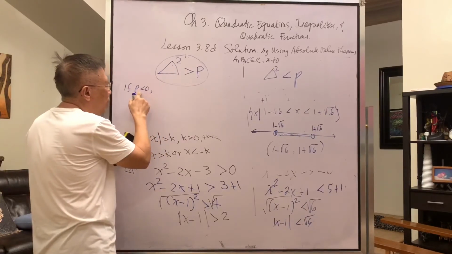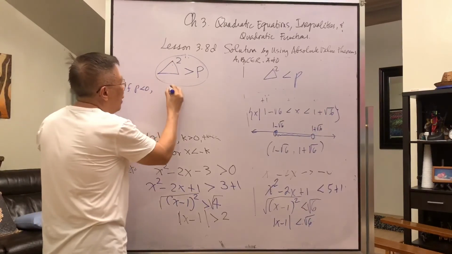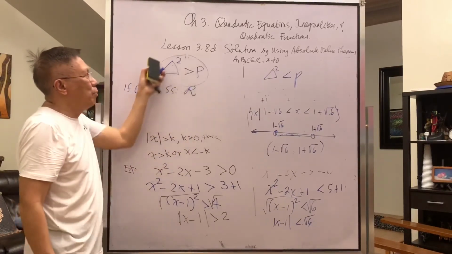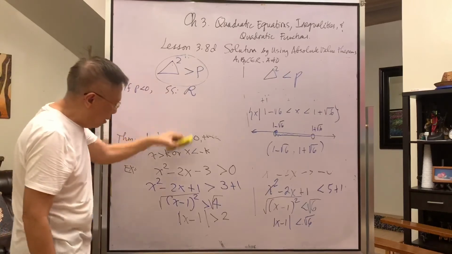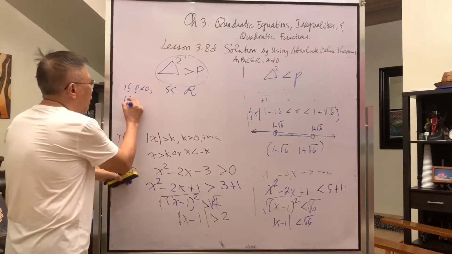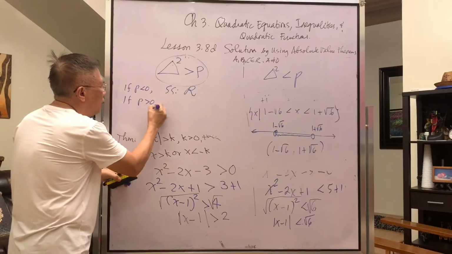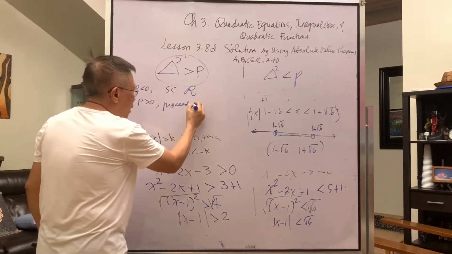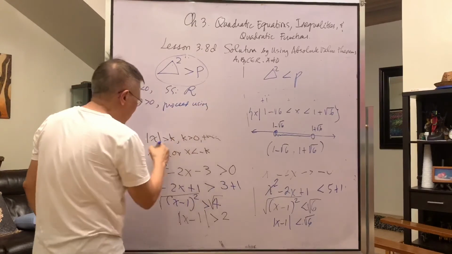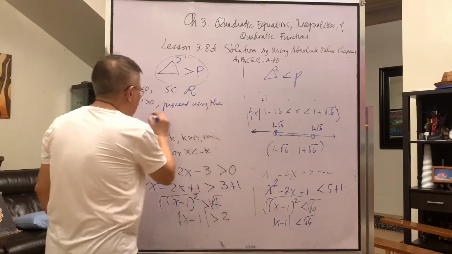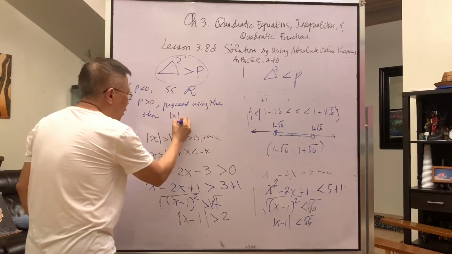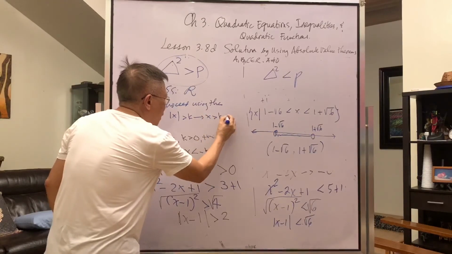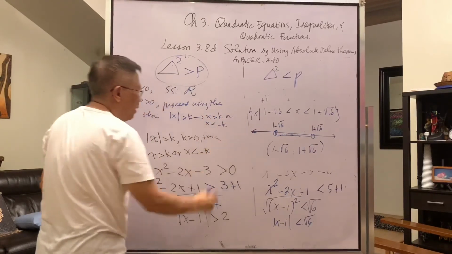So, if p is negative, then our solution set is all R, which means we have an absolute inequality as we have explained. However, if p is greater than 0, then you can proceed using this theorem. This theorem here, absolute value of x greater than k implies x is greater than k or x is less than negative k.